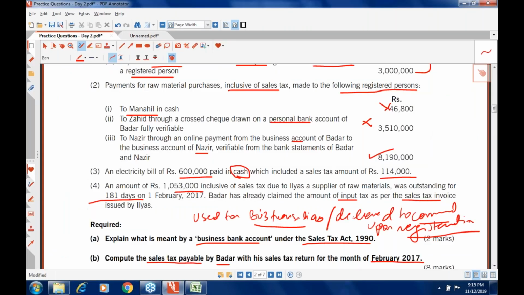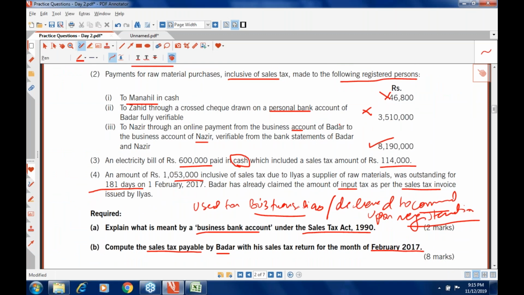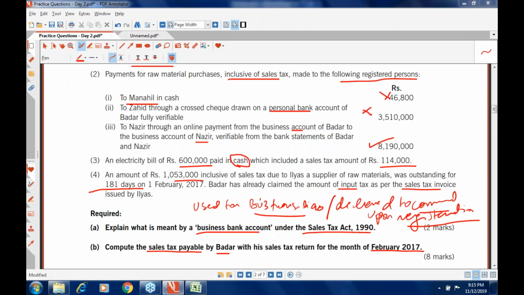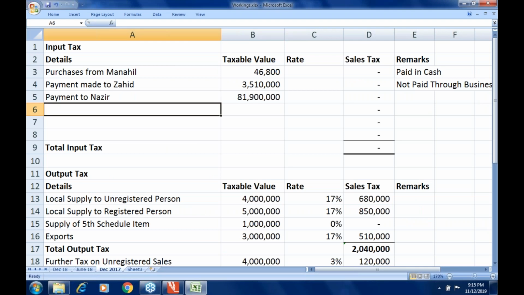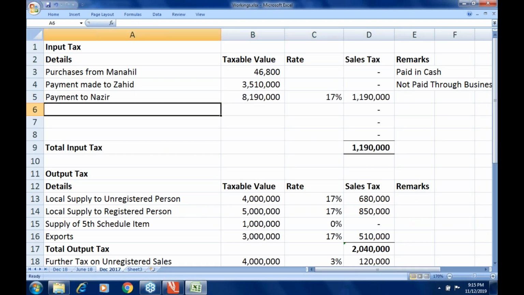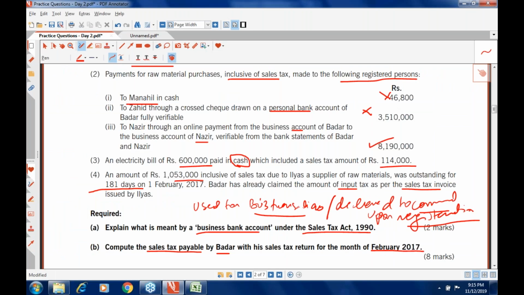The next situation is it says to Nazir through an online payment. If the payment is made to Nazir through online payment, it's actually 8,190,000, and this is being paid at the rate of 17%.